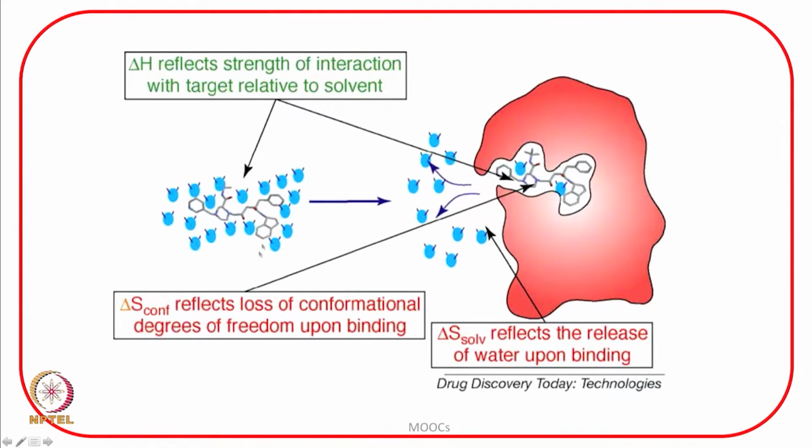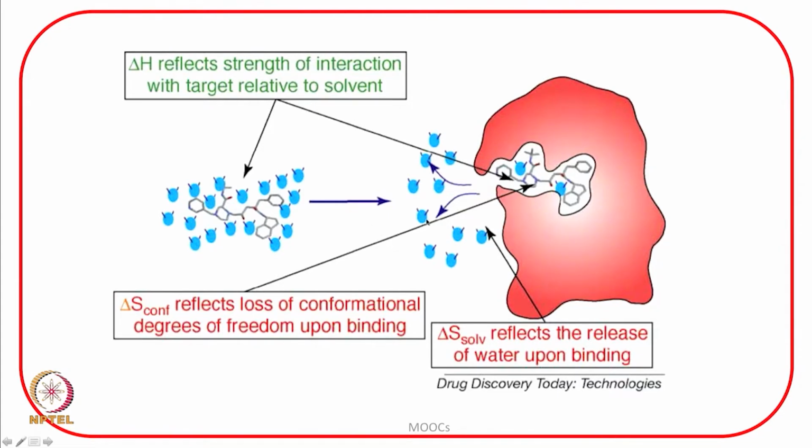Removal of water molecules requires energy. So, I can say that removal of water molecules, which is called desolvation, costs energy. There is a penalty for removal of water molecules.